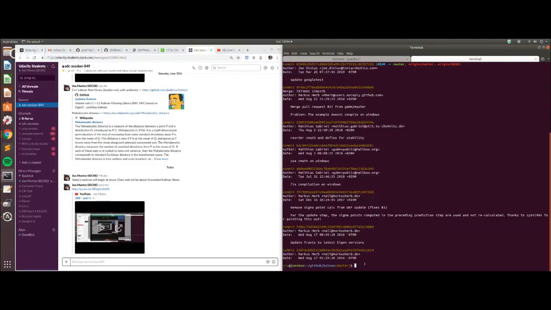A filter is basically a state estimate and a covariance estimate. And then we build on that idea of a filter base class that's basically composed of getters and setters for these two concepts.